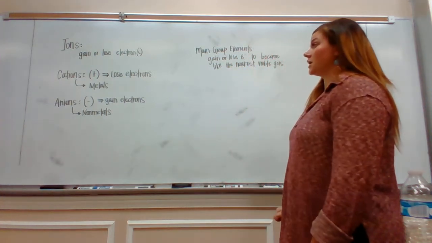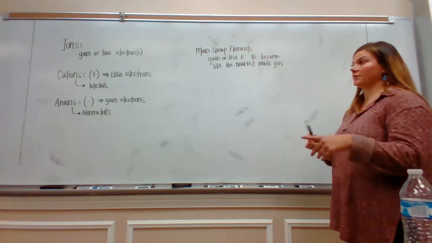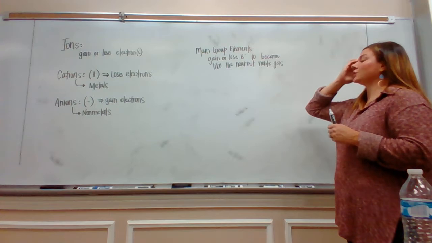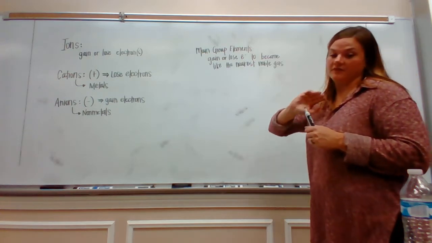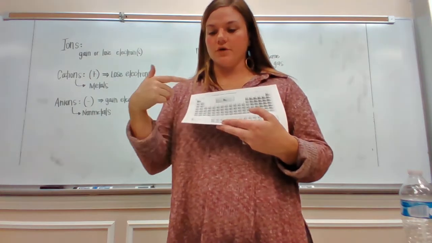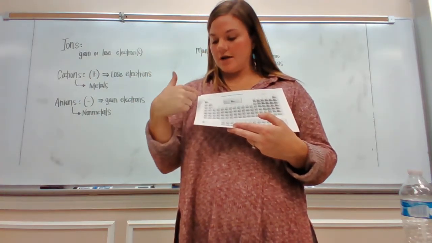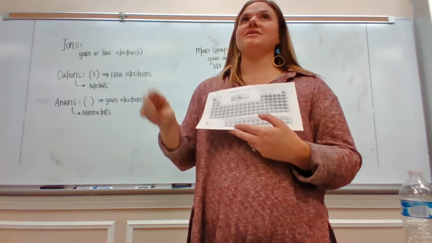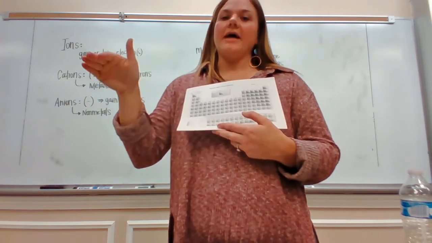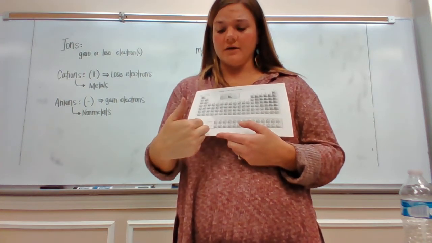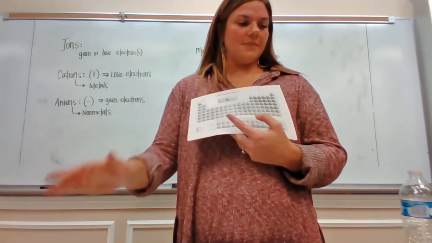All right, so we're going to talk about these in two categories. First, we're going to talk about our main group elements. If you look at the periodic table I gave you, it is divided for you, or there's kind of a bracket up top. Your S block and your P block are what are considered main group elements. Transition metals and your F block are not main group metals.